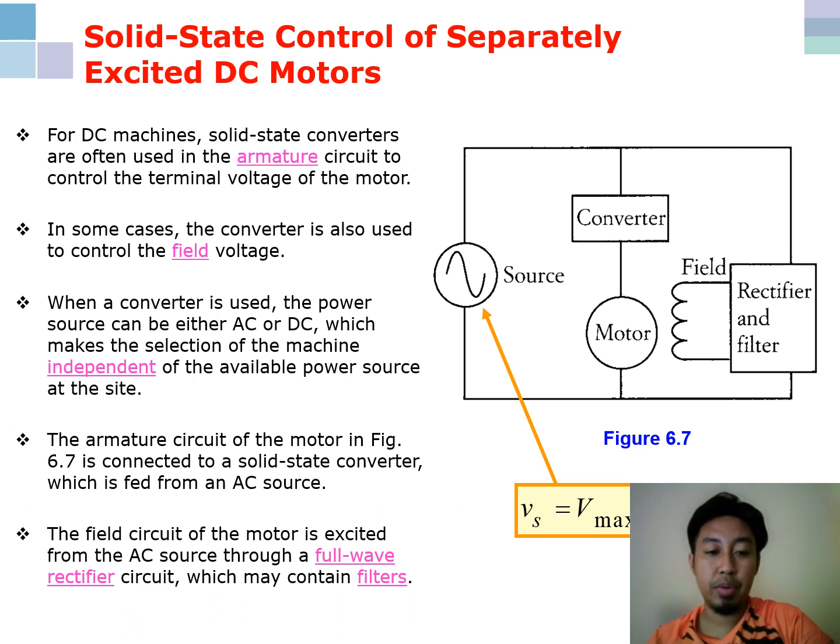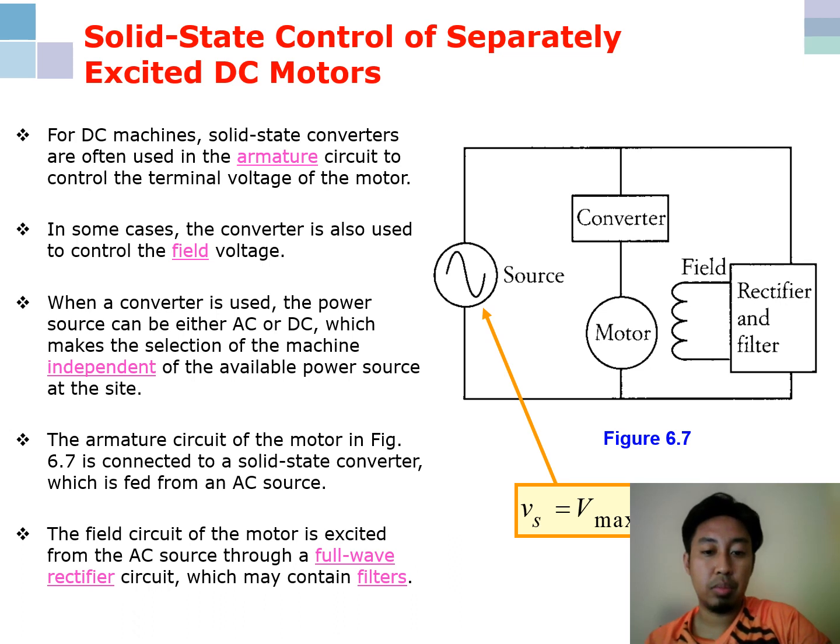For the DC machine, there are two parts, which are the armature part and the field part. The solid state converter is often used in the armature circuit to control the terminal voltage of the motor, so the converter circuit is placed on the armature part.